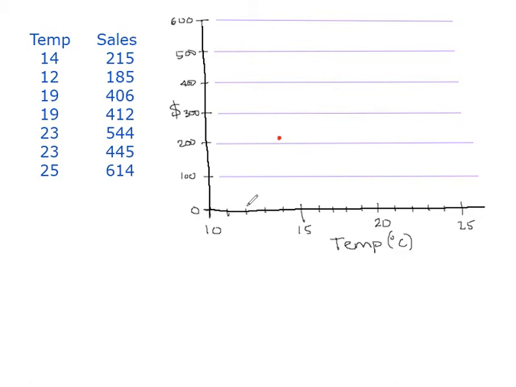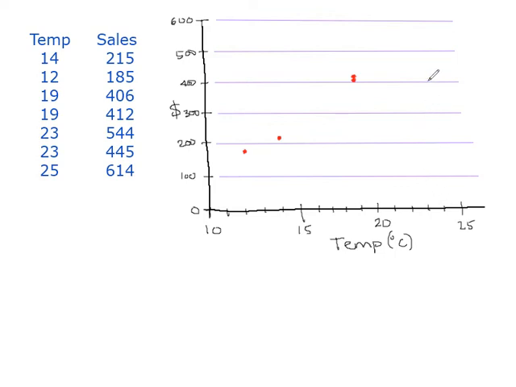12-degree day, they made 185. 19 degrees, they got 406, just barely over 400. Then there was another 19-degree day where they got 412, so that should be even lower, really. 406 and 412 on this scale are practically right on top of each other. 23 degrees, they made 544.